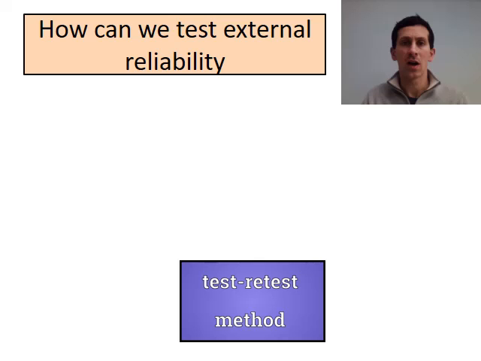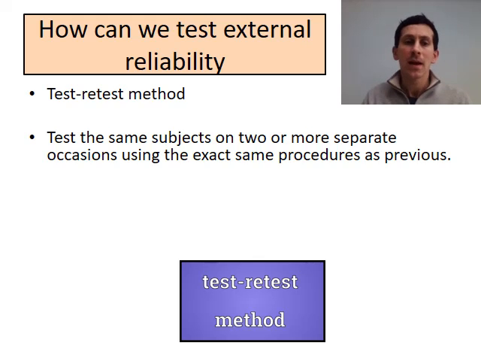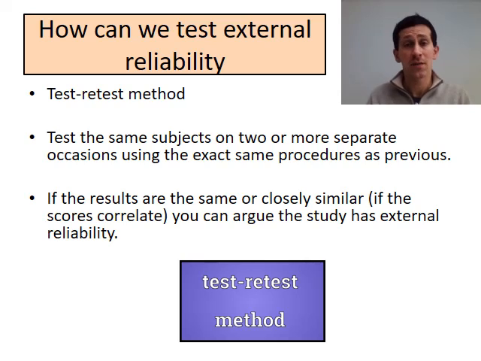So how do we actually test external reliability? Well, I should give you a hint at the bottom of the screen there. We use something called a test-retest method. And this is where we test the subject on 2 or more separate occasions using the exact same procedures. Okay, and if they repeat the exact same procedures, get similar results, and the scores correlate, then the study has high levels of external reliability.